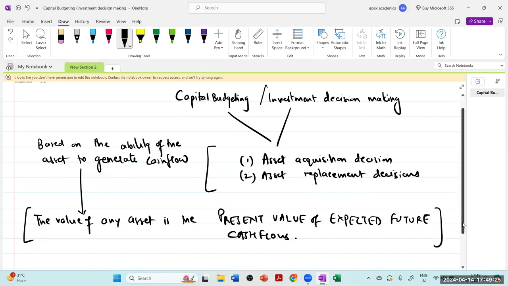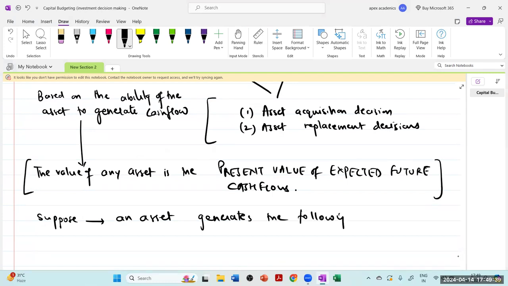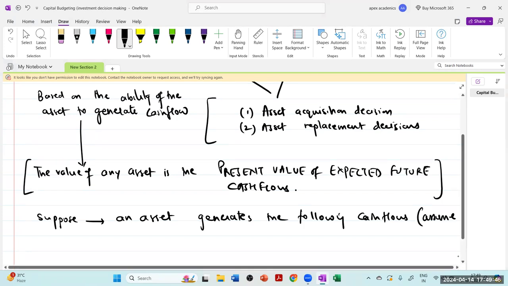What is the meaning of this? Suppose an asset generates the following cash flows, assume each number to be at its present value.